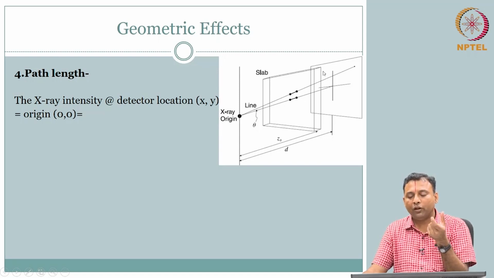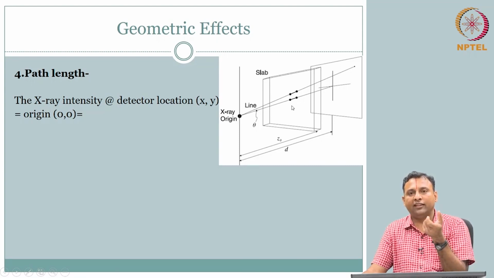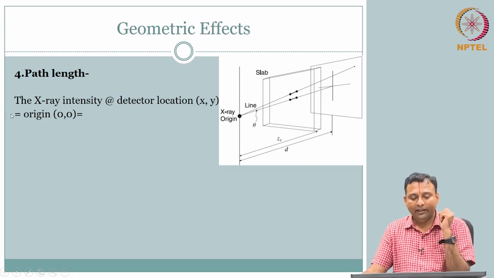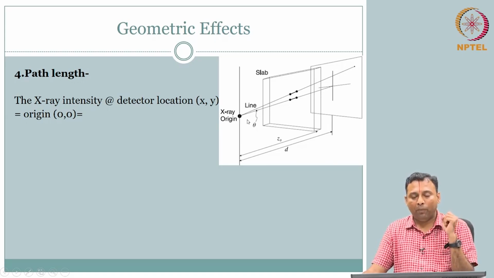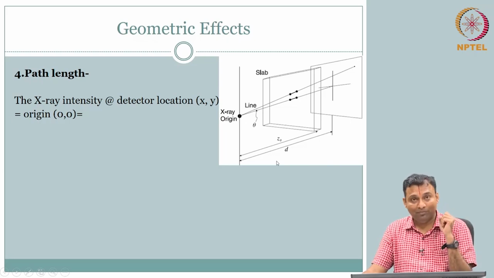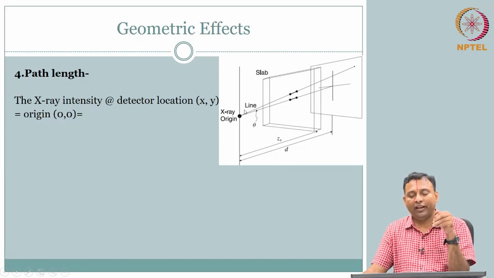Whereas at the detector point here, the ray would have come along a line that crosses a path in the slab that is not the shortest distance, not the thickness of the slab, but a path which is more than your thickness because it is at an angle, right. So clearly you have a path length effect. The material is the same, the source is the same. So you have addressed the issue of variation in the beam intensity at the source in the anode heel effect.